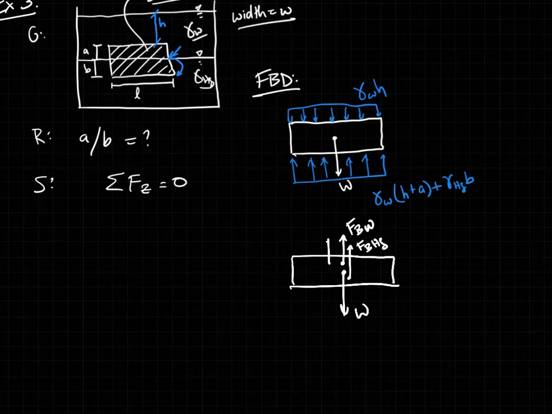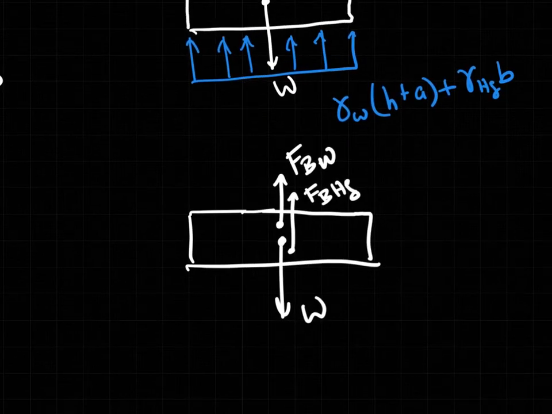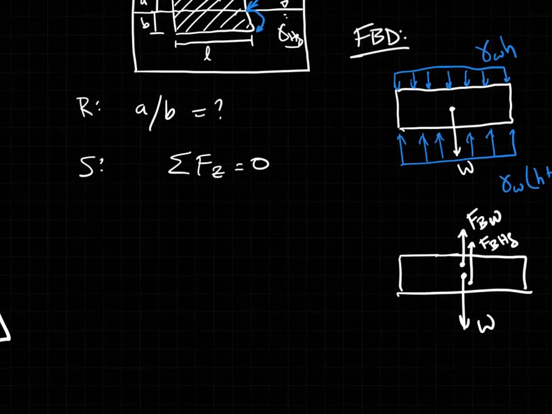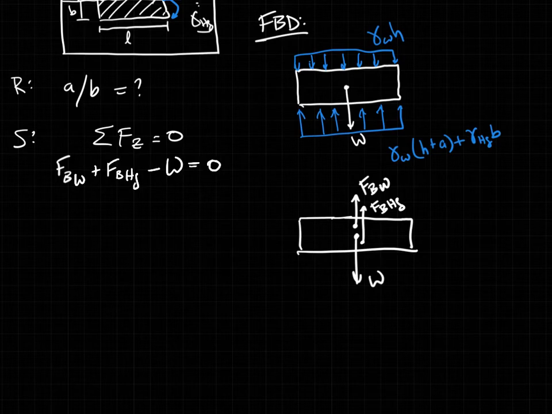So I've got two forces of buoyancy. Just to zoom in so you can really see that. Let's say I've got the force of buoyancy due to water plus the force of buoyancy due to mercury minus the weight equals 0.